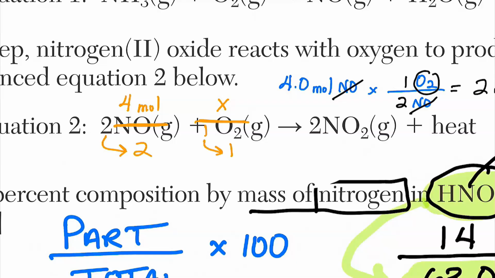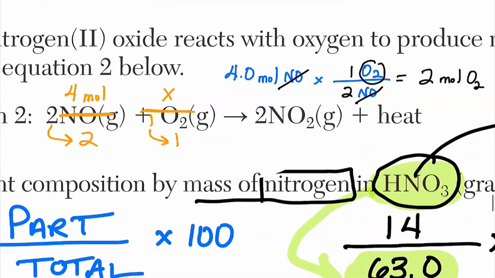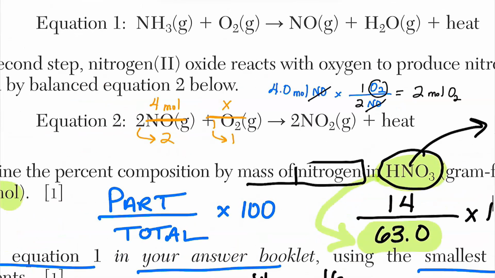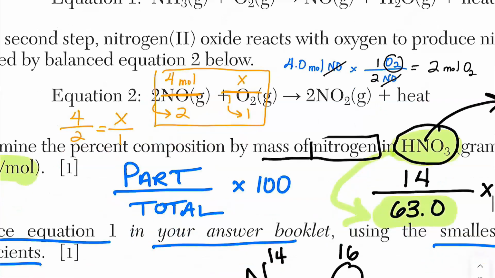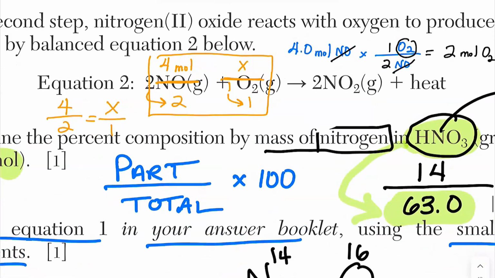So what do I have? If I can rewrite this, if you can't see it, it's 4 over 2 equals X over 1. That's what I have here. And of course you can cross multiply. You're going to get 2x, right? You're going to get 2x cross multiply. 2x equals 4.